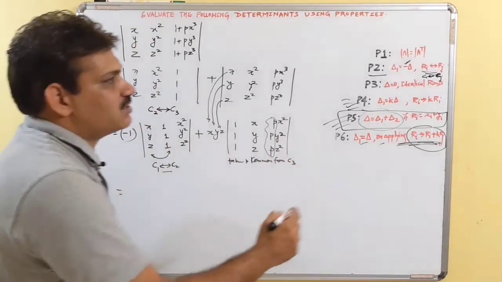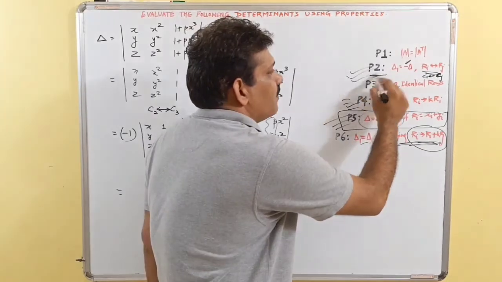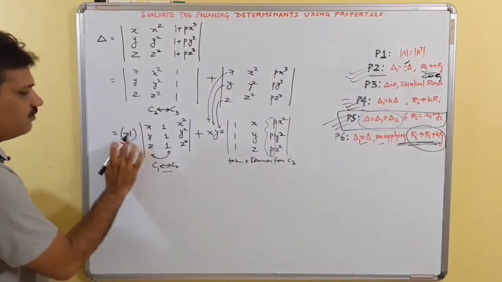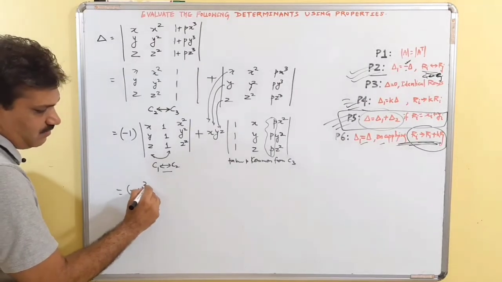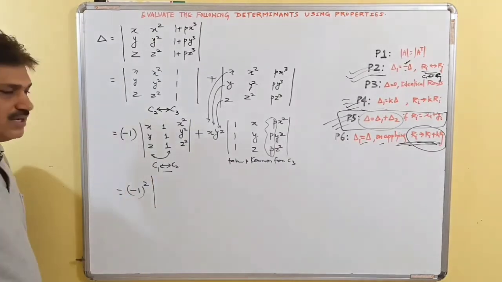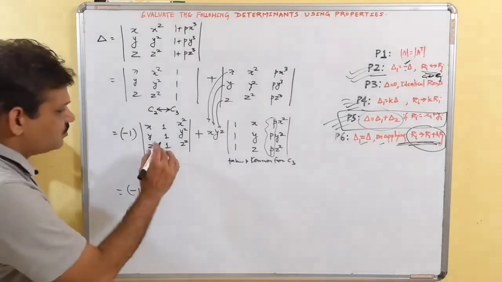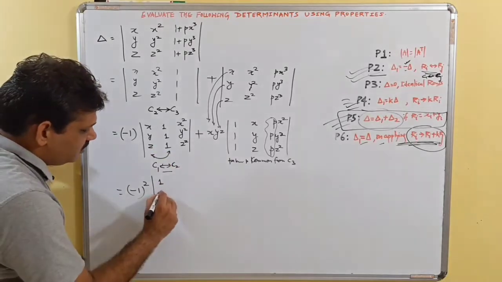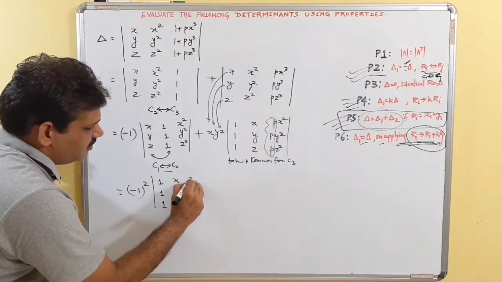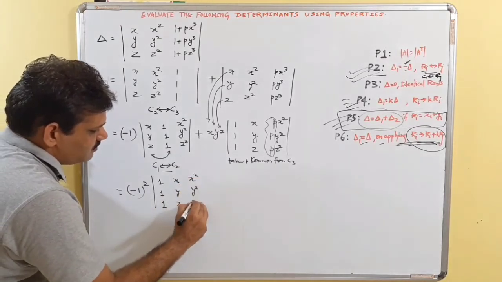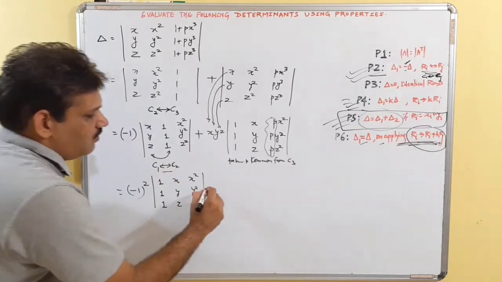When we interchange, the sign changes, so again we get one more minus 1. So minus 1 into minus 1, the square of minus 1, gives us plus 1. After interchanging, we get 1, 1, 1, x, y, z, x square, y square, z square, plus.